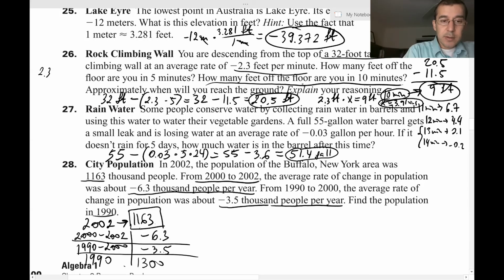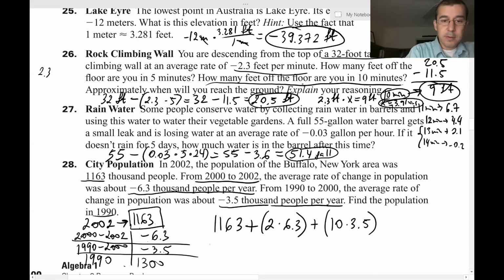And what are we adding? To this number, 1163, we have to add the 2 years from 2000 to 2002. We have to add 2 years times this 6.3, the rate of population lost per year, and then plus 1990 to 2000, that's 10 years times 3.5.